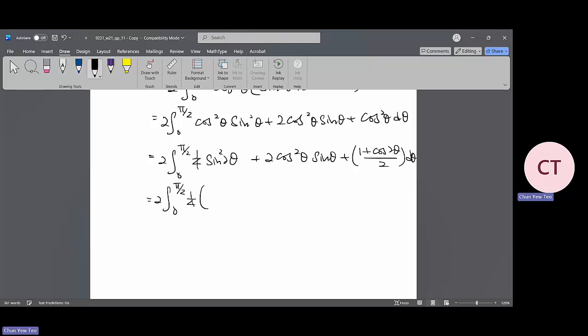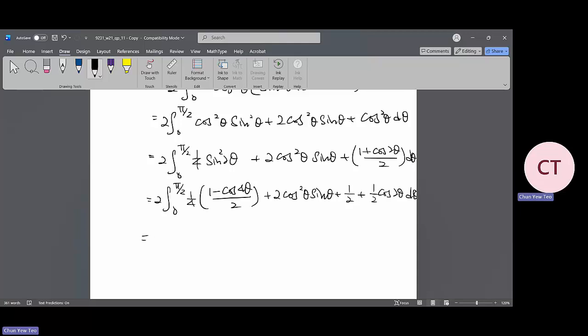I will still continue to make it become 1 minus cos 4 theta. I apply again a double angle formula. The middle one still copy down. This one I expand them, split them, become 2. Okay, so this is what we have.